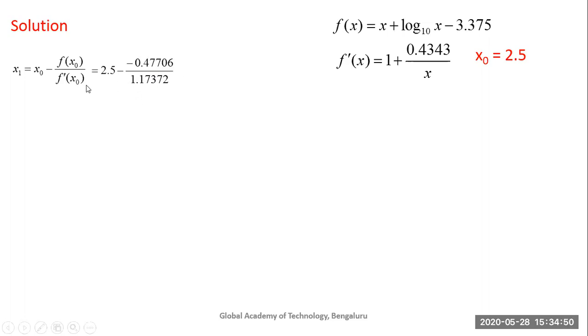And f dash of 2.5 is 1 plus 0.4343 by 2.5, which is 1.17372. So this comes as 2.90645.